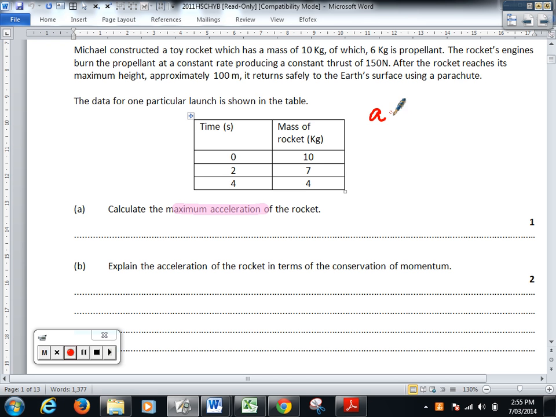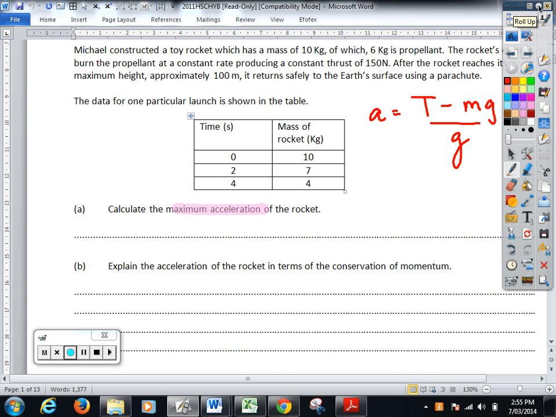The acceleration of a rocket is equal to T minus mg on m. And the acceleration will increase as the mass of the rocket decreases. So when the mass is minimum, then this acceleration will be the largest.